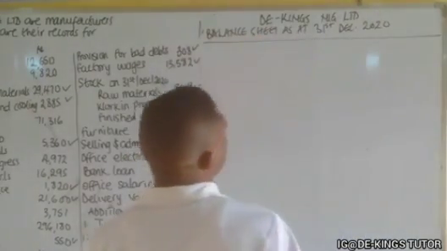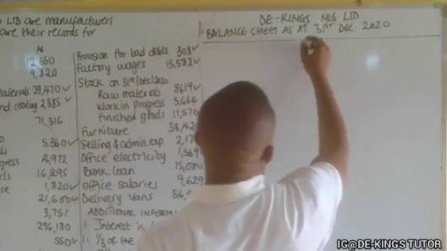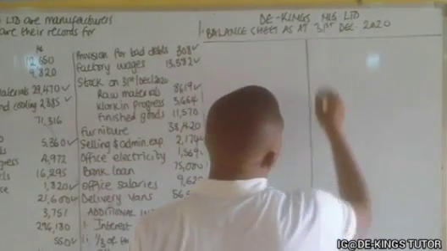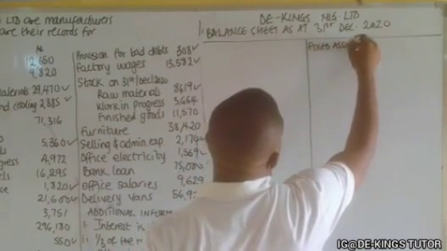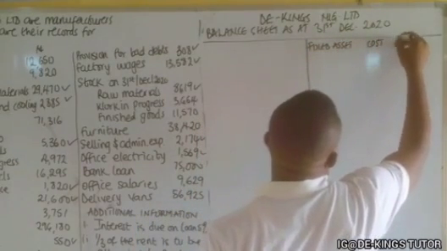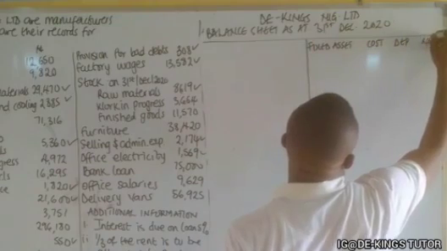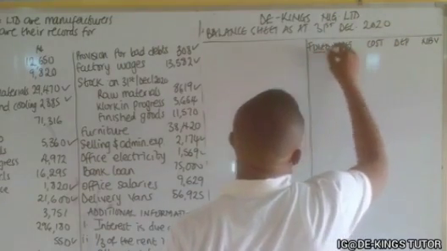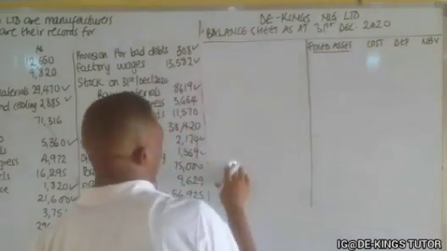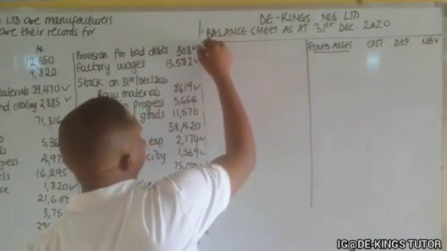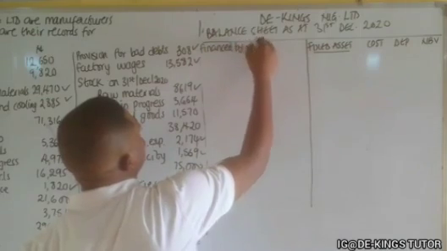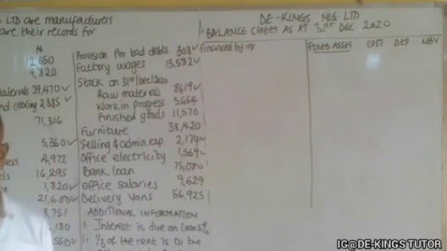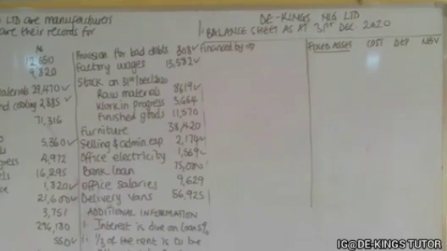Okay, so we'll have here our fixed asset. So this is cost, this is depreciation, and this is net book value. Okay, so financed by.